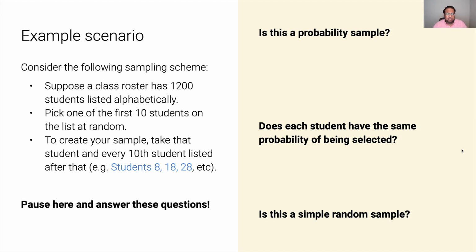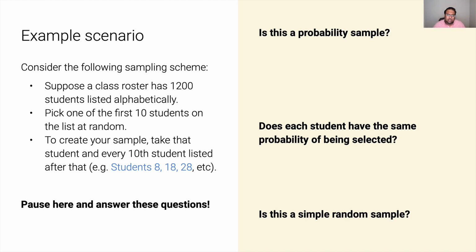So is this a probability sample? Well, one thing to realize is that there are actually only 10 possible samples that we could have. We could have the sample consisting of students 1, 11, 21, 31, and so on. We could have the sample consisting of students 2, 12, 22, 32, and so on, all the way until students 10, 20, 30, and so on.